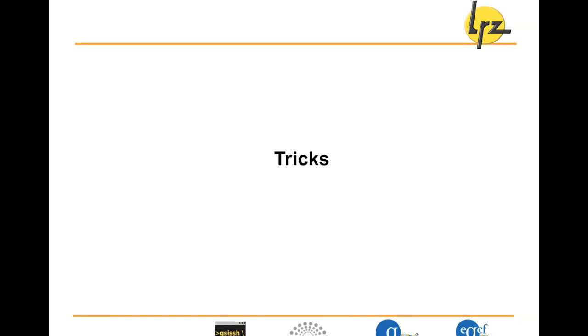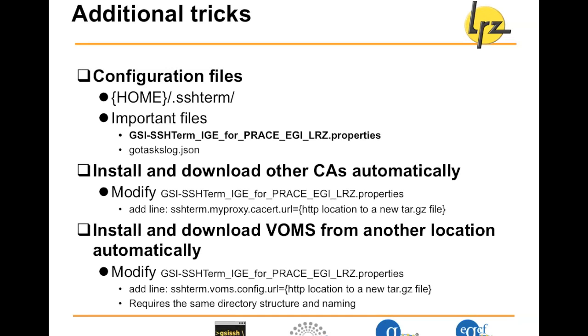I will now show you some tricks that you can play with GSI-SSHTerm. So there are two configuration files in your $HOME/.sshterm directory that GSI-SSHTerm creates. The .properties file is probably the most important file.